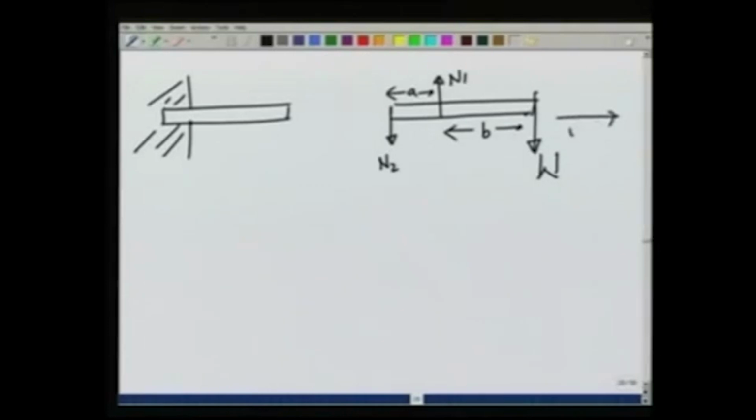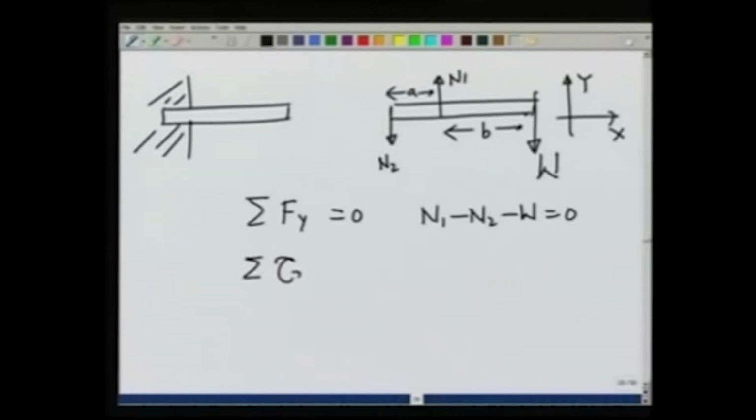I am taking x direction like this and y direction like this. Summation over Fy is equal to 0 gives me N1 minus N2 minus W is equal to 0, and summation tau z about the z axis equal to 0.